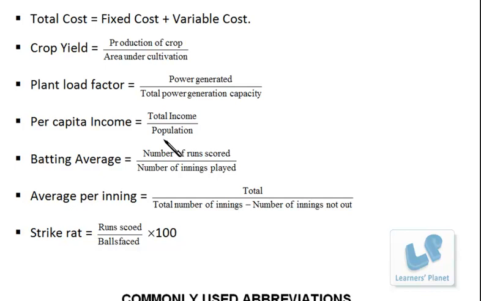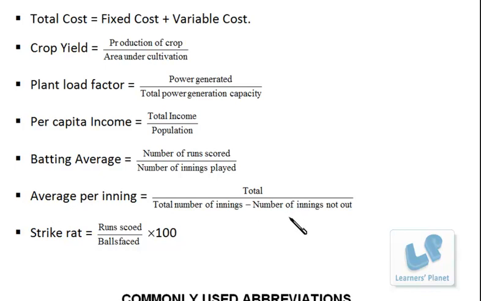That means per capita income is rupees 100, right? Questions are asked even on cricket. So batting average is the number of runs scored out of the number of innings played, right? Average per inning, the formula is there, right?